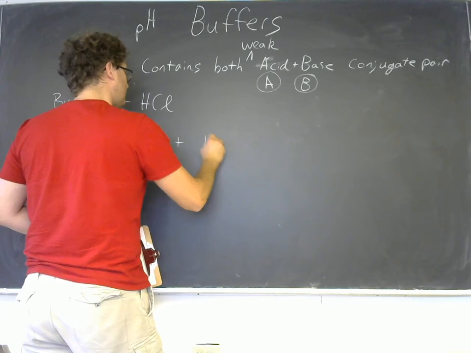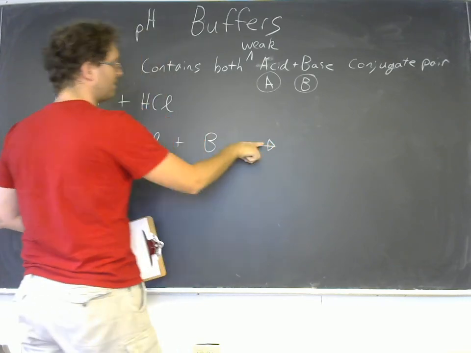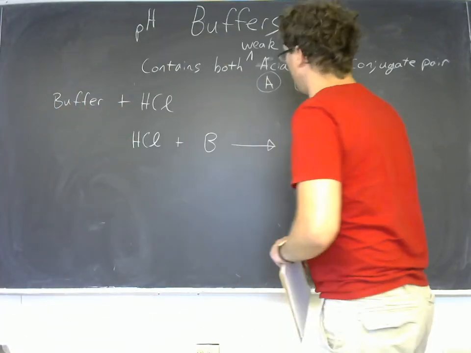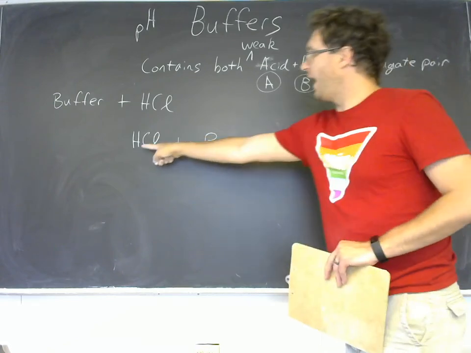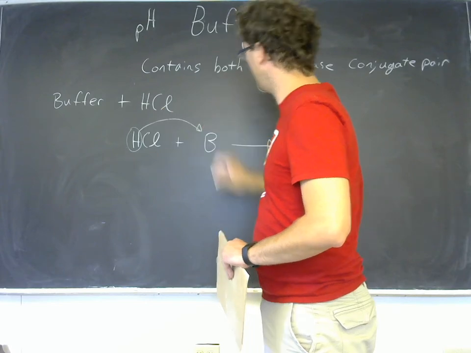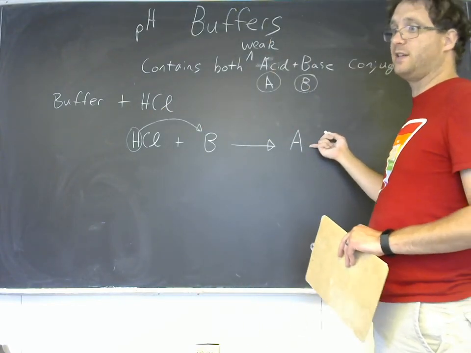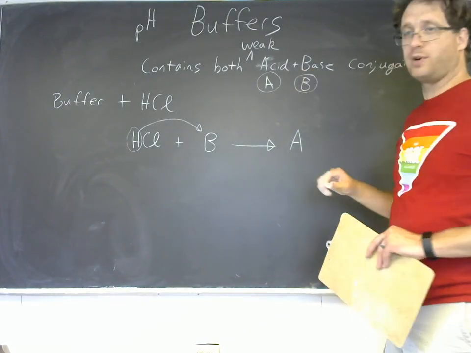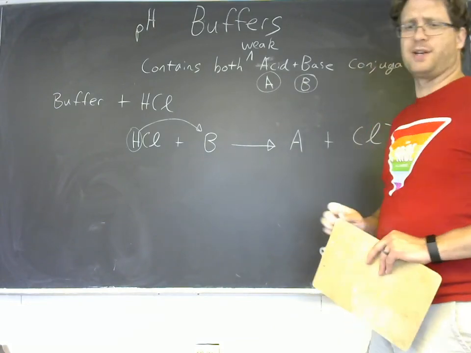HCl plus the base, and this is not an equilibrium reaction, this one will go to completion, will form the acid, right? That H will be donated to the conjugate base and convert it into its conjugate acid, which is the acid component of our buffer, plus Cl minus.